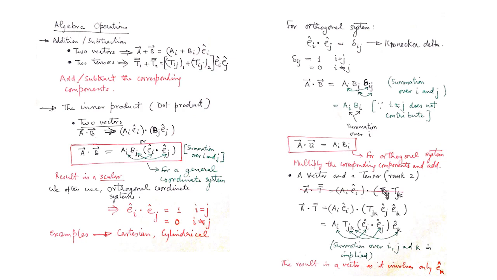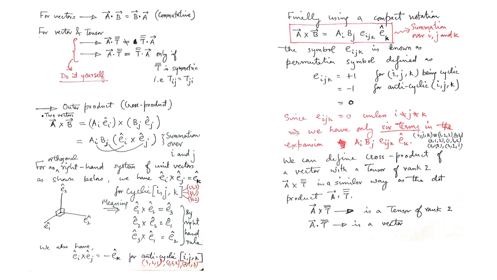Also notice that in this general expression for A dot T, the right side involves a single unit vector e_k. Since it involves a single unit vector e_k, we immediately can say that the result is a vector. So when we take a dot product of a vector and a tensor of rank 2, we don't get a scalar, but we get a vector. Notice this important conclusion: A dot T is actually a vector, as it involves only e_k.